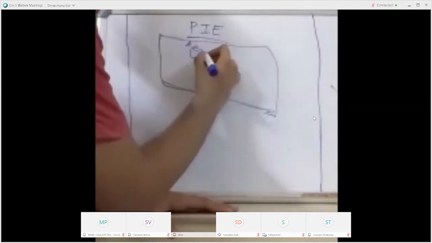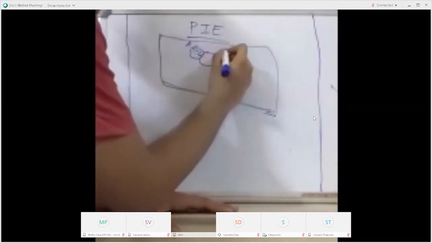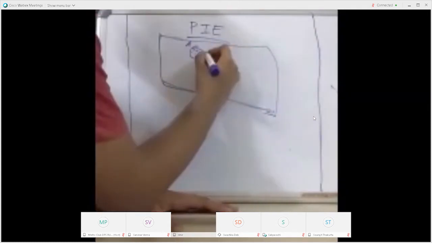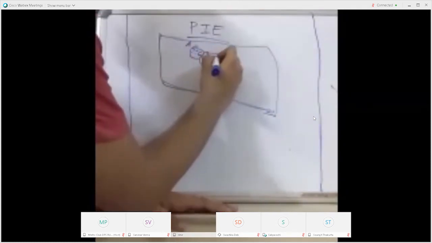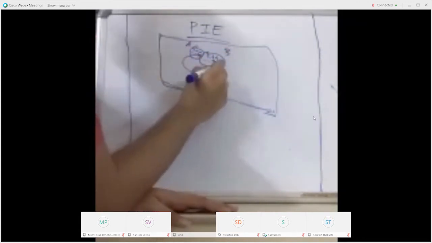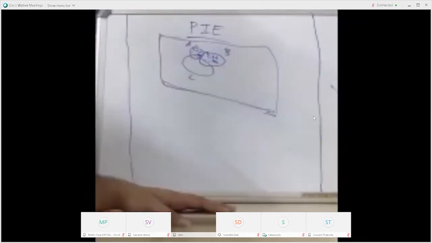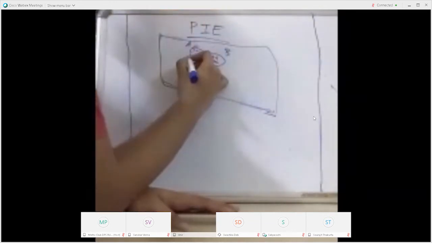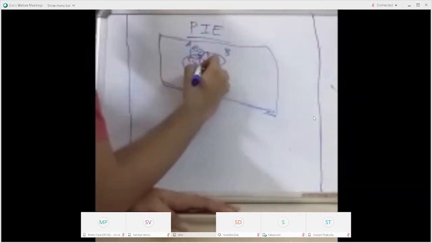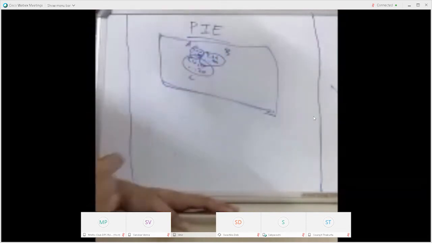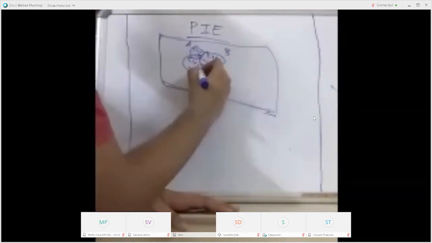Set B is multiples of 3 from 1 to 100, so we have 3, 6, 9 up to 99. And we have set C, which is multiples of 5: 5, 10, 15 up to 100.